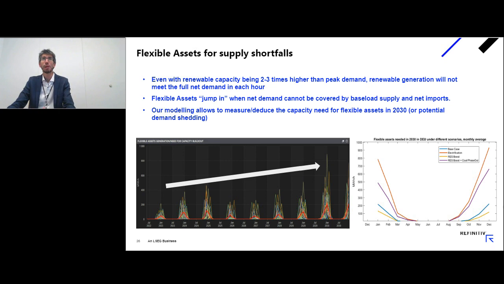And our modeling allows us to deduce the capacity that we will need for flexible asset in 2030. So in ICON, we present this chart here in monthly resolution.